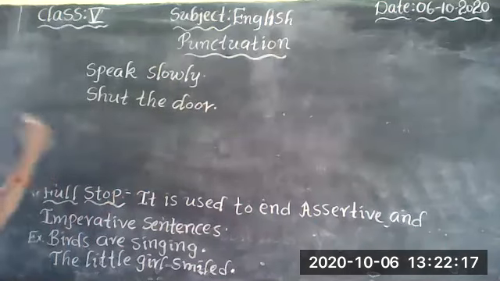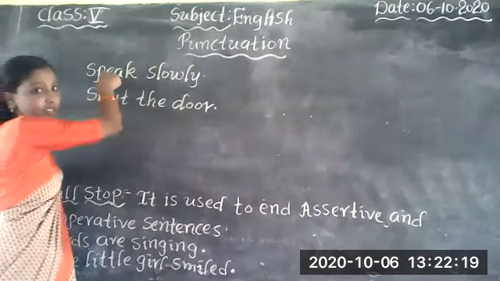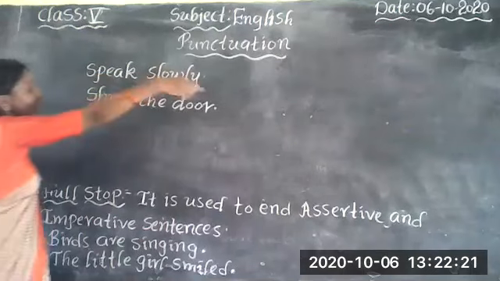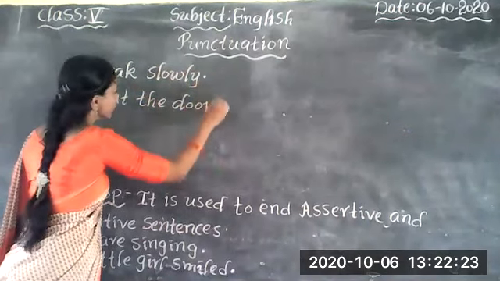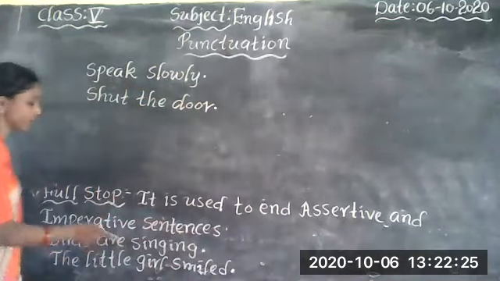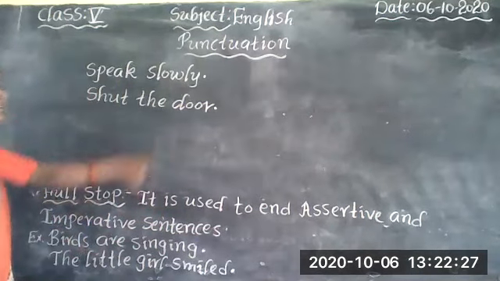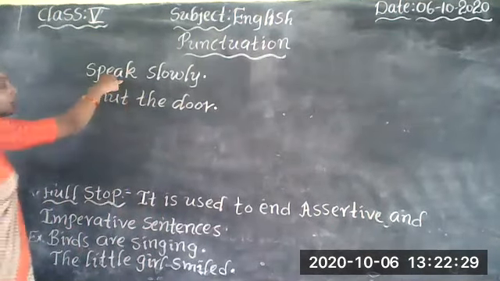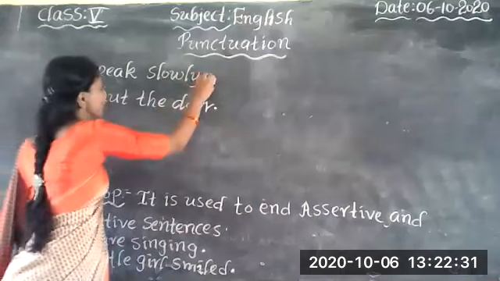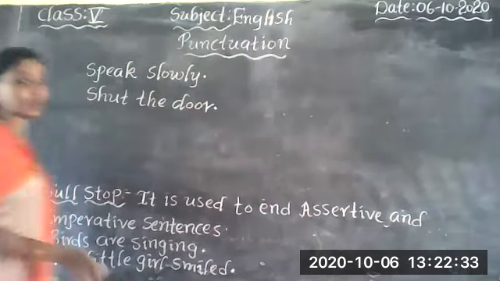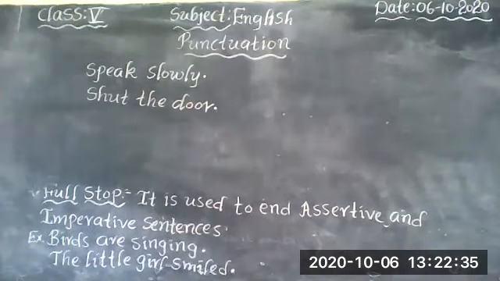So look here, these are imperative sentences. So at the end of the imperative sentence, we should use full stop. At the end of the assertive sentences and at the end of the imperative sentences, we must use full stop. Okay? Is it clear, students?